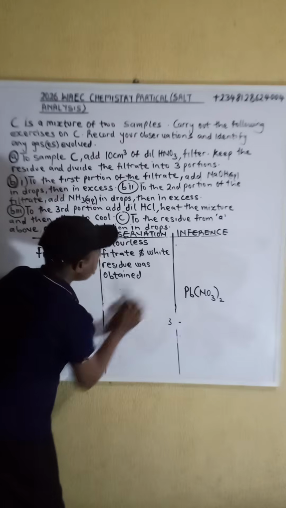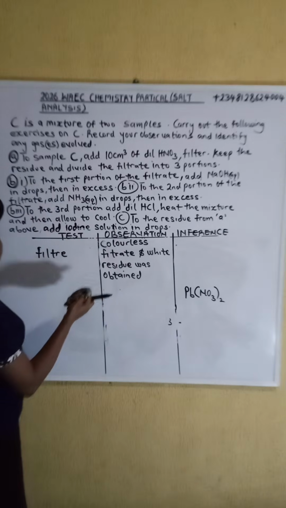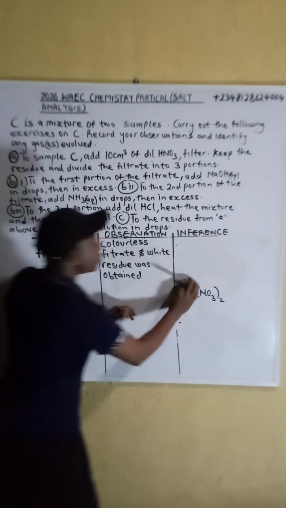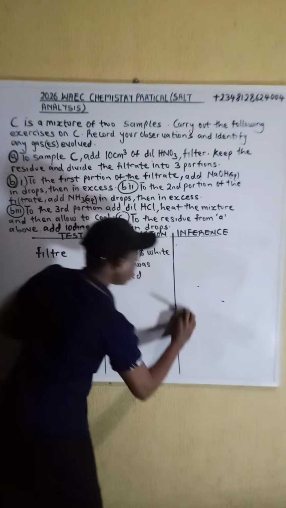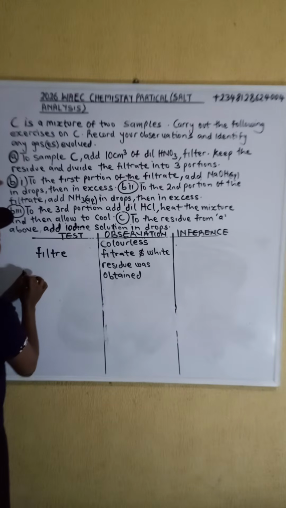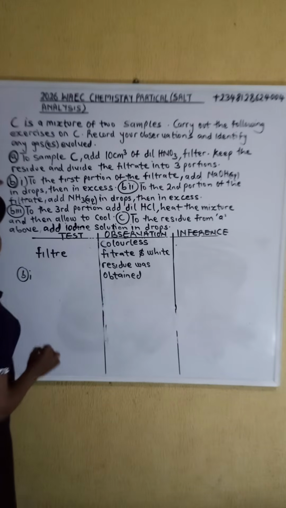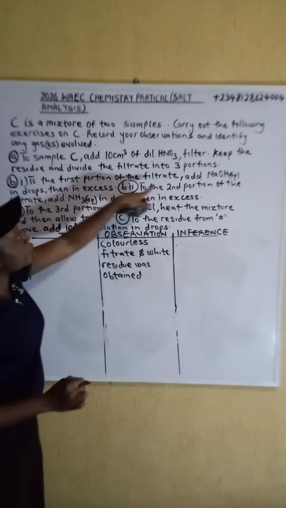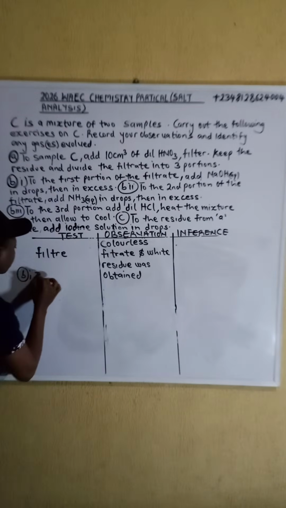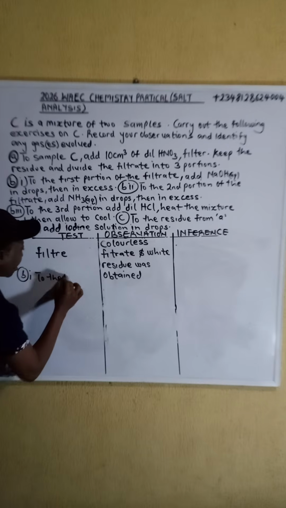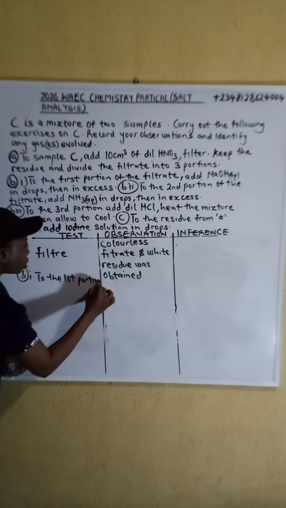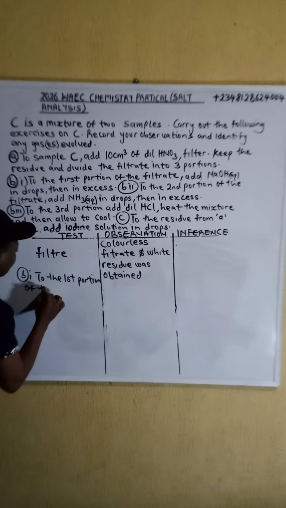Now, this is still part of our question A. So let's move to question B. So B, Roman figure 1. The question says that to the first portion of the filtrate.